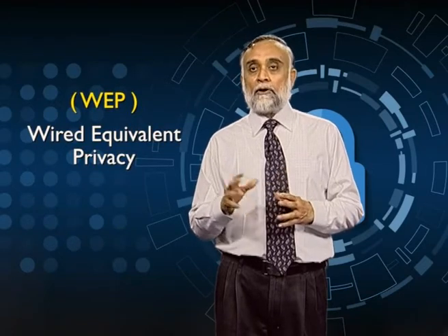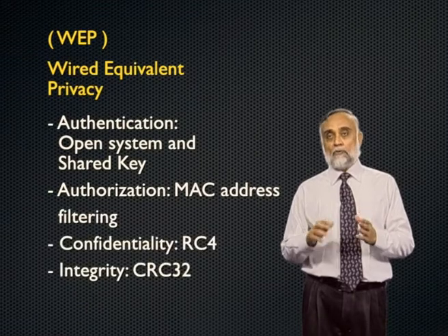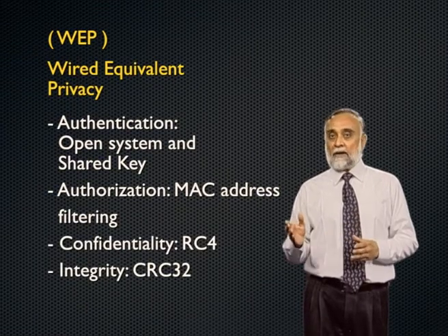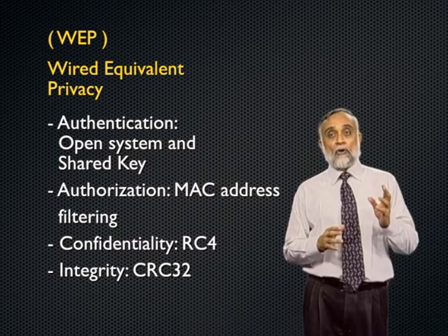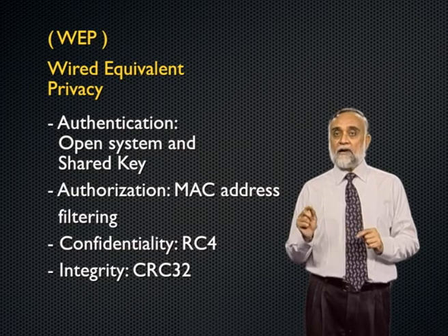The security part comes while gaining access to the network, which may be checked through one of two widely used protocols: WEP or Wired Equivalent Privacy, authentication: open system and shared key, authorization: MAC address filtering, confidentiality: RC4, integrity: CRC32.